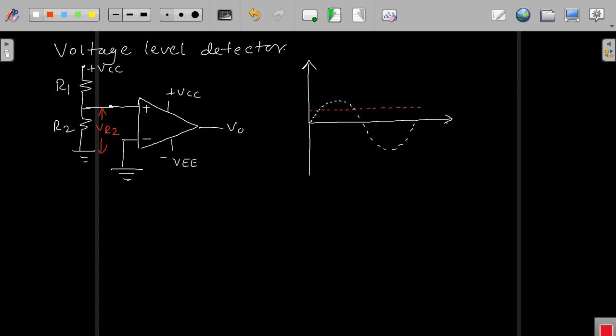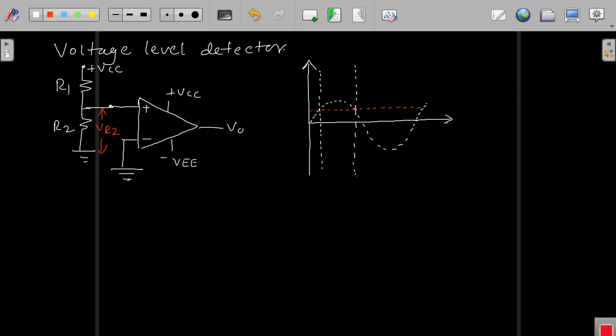Now you can see I will take the swing here, something like this.